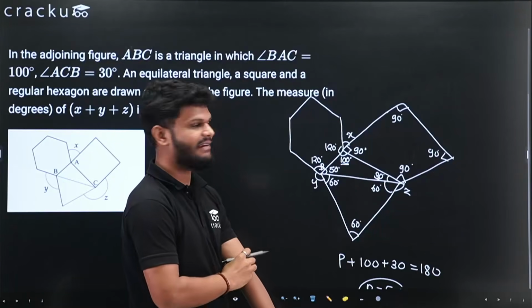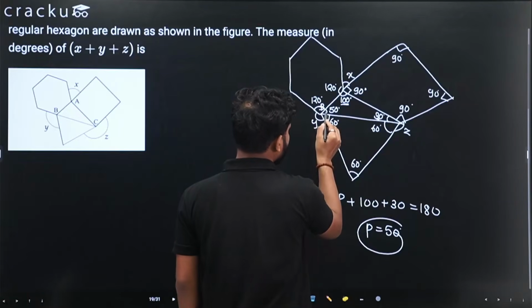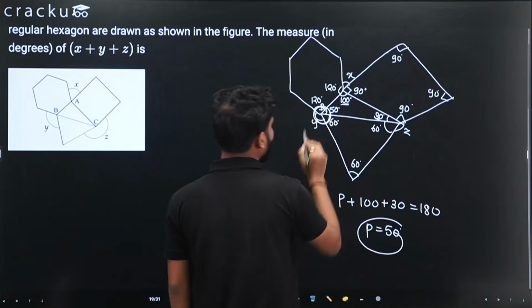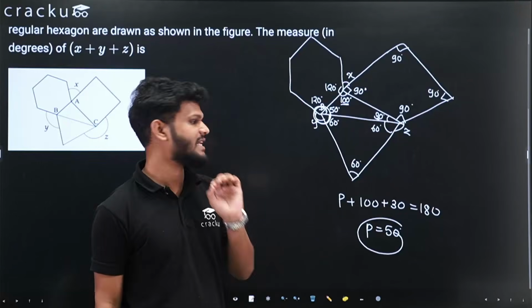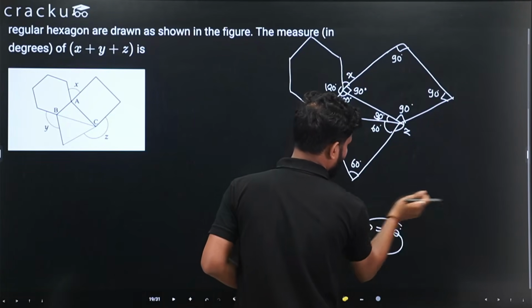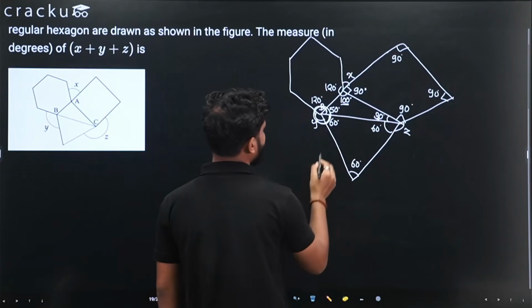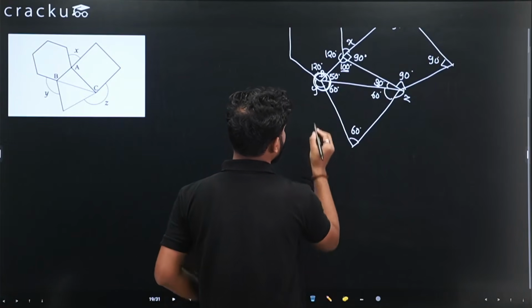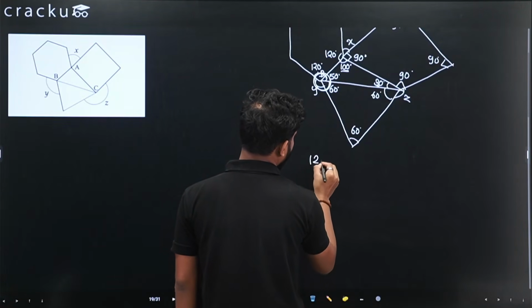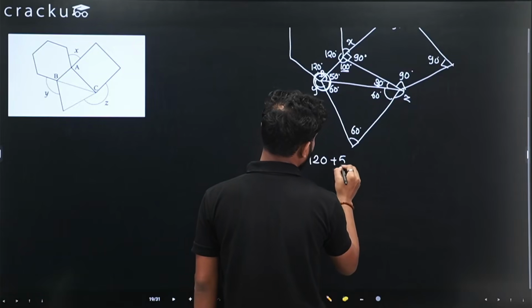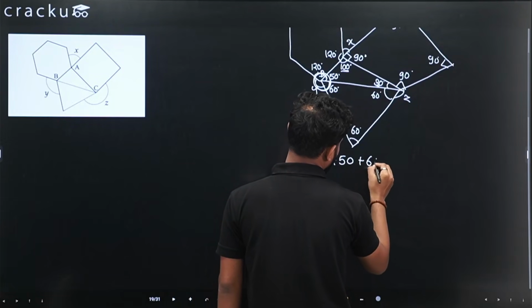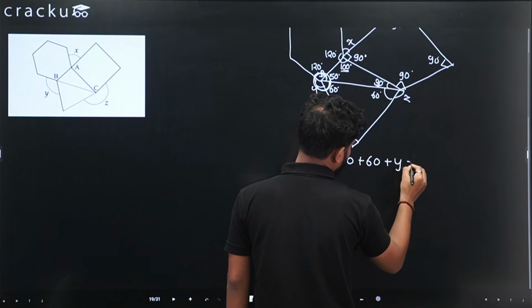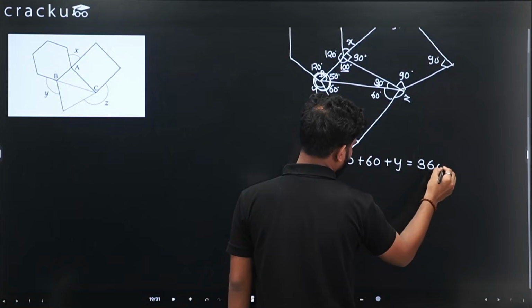Now look at every juncture. At this juncture a complete circle is there. So it will be 360 degree, right? For a complete angle it will be 360 degree. So 120, 50, 60 plus y. Let us find out first y. So 120 plus 50 plus 60 plus y is equal to 360 degree.